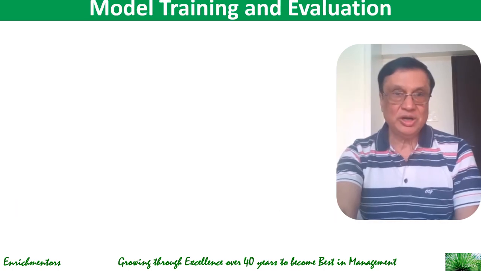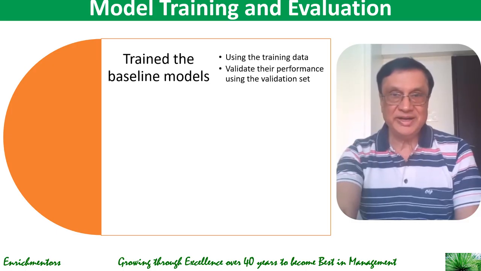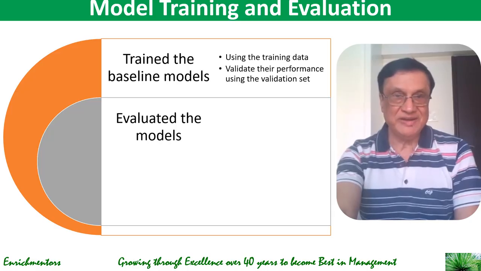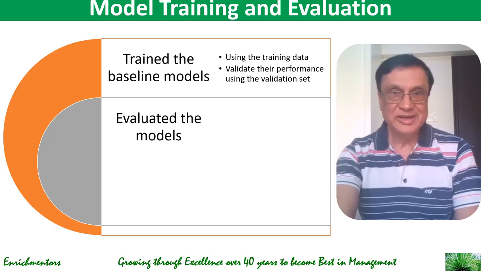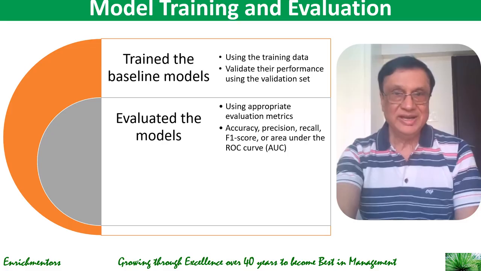Then they got into model training. They trained the baseline models using the training data and validated their performance using the validation set. They evaluated the models using appropriate evaluation metrics like accuracy, precision, recall, F1 score, and area under the ROC curve.